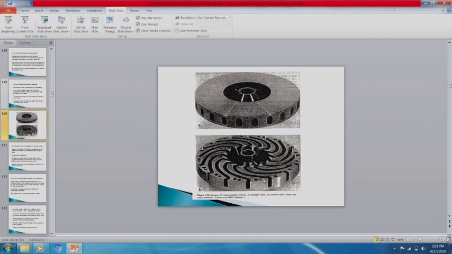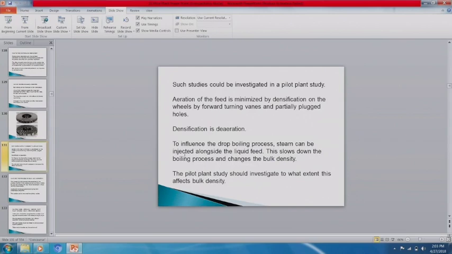And the reason why it wants to do that is it gives it a chance to de-aerate some of the feed. Studies should be investigated in a pilot plant. Aeration of feed is minimized by densification, forward-turning vanes, or partially plugged holes. Densification is de-aeration. Get rid of the air bubbles.